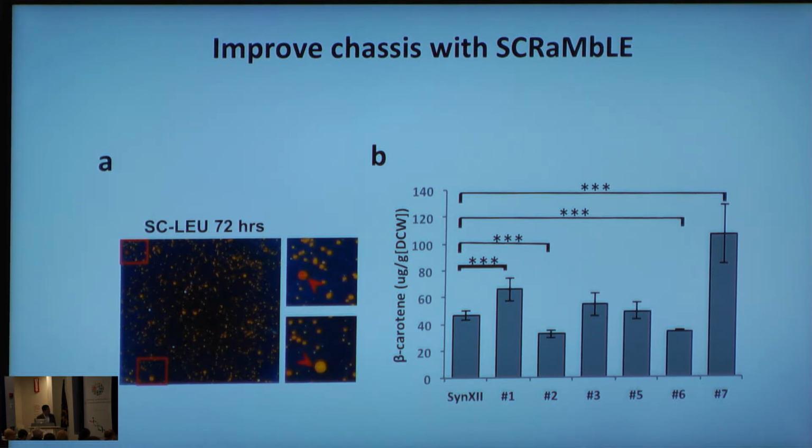We integrated the beta-carotene pathway at another chromosome location, induced the SCRaMbLE system, and selected strains producing more beta-carotene, as shown here. We screened and got quite a few different strains producing more beta-carotene, and we are in the process of identifying what causes those clones to produce more. So this is one example.